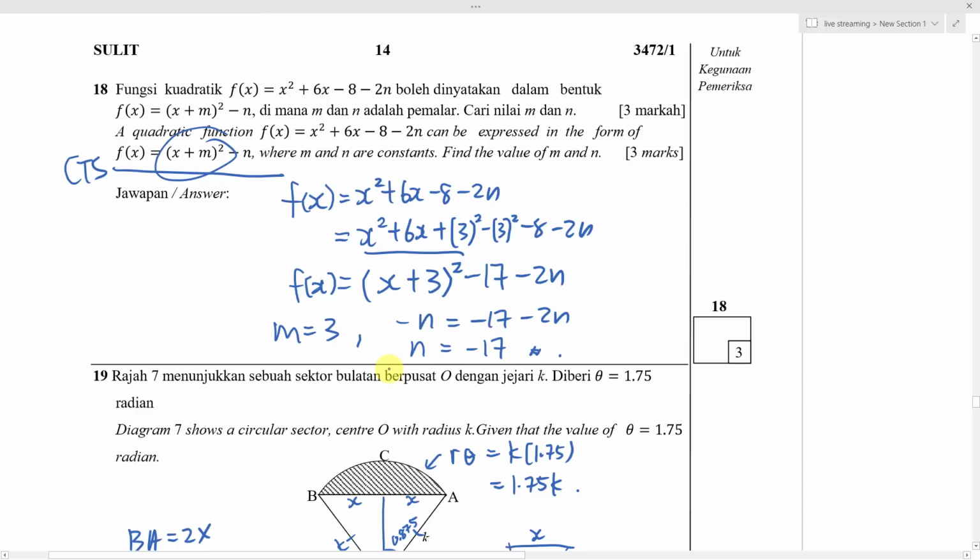Yeah. I check my marking scheme is correct though. Yeah, so I'm not sure. Maybe I can check the marking scheme right now. It will just take me a few minutes. Just give me a moment. So, question number 18.